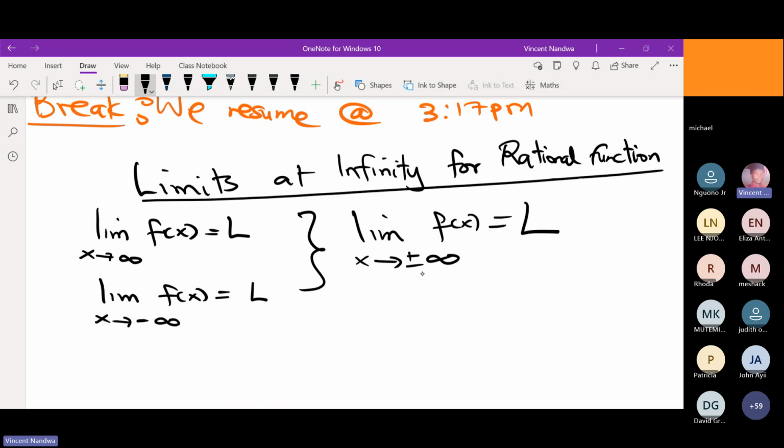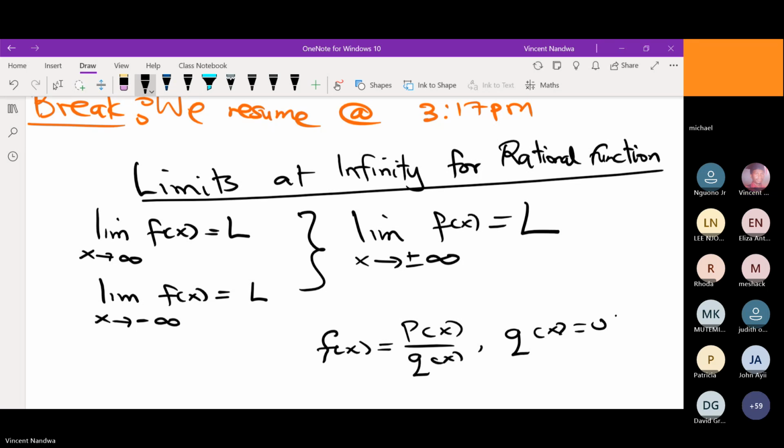Our interest here is when f of x is of the form p over q, where q is non-zero and both p and q are polynomials.